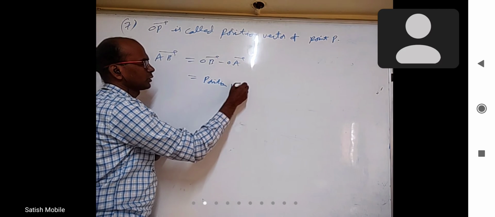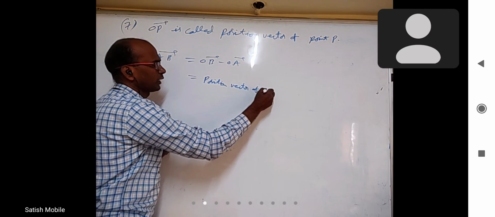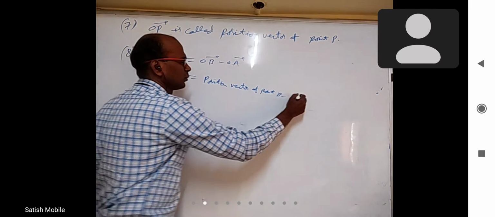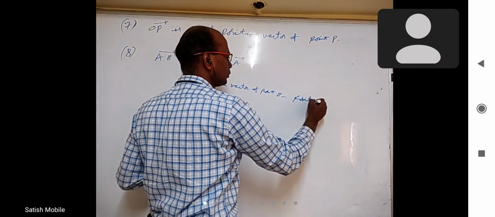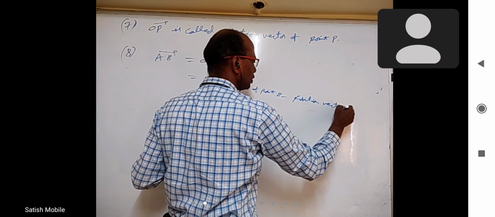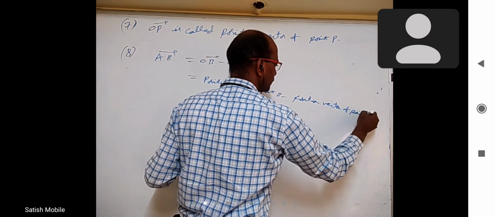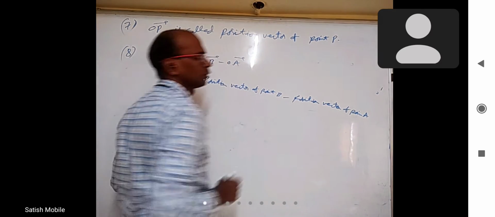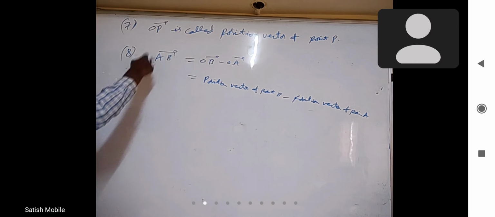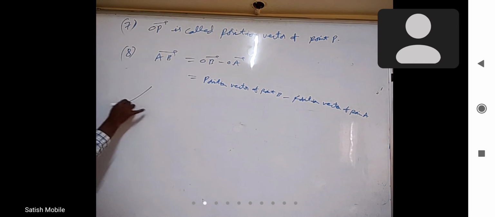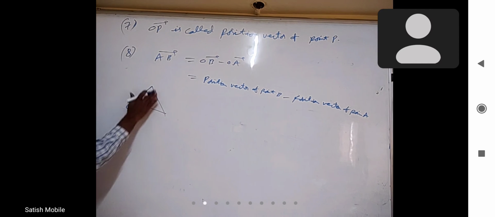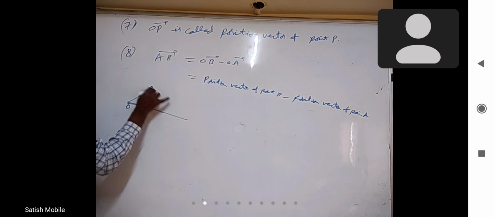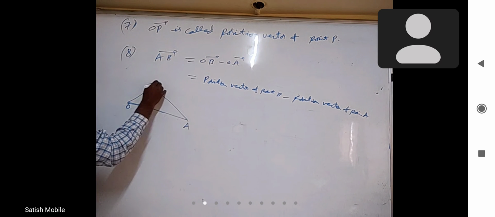Position vector of point B minus position vector of point A. This actually, how this came, you can see in the figure, very simple. We don't need anything. This is O, this is A, this is B.